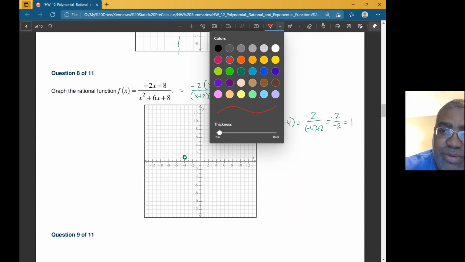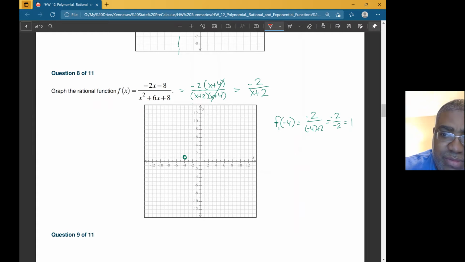I like having my asymptotes in red so I see them. All right. There is no x-intercept because our top can't equal 0. Our horizontal asymptote, the degree of the top is less than the degree of the bottom. So that is y is equal to 0.